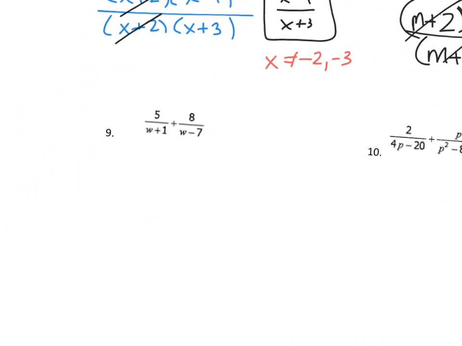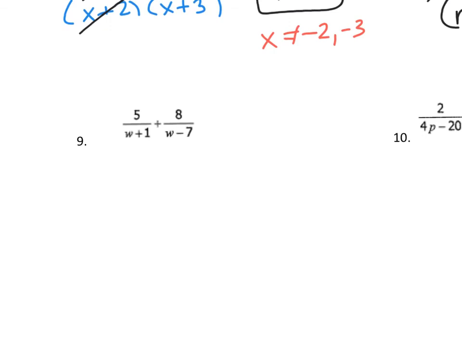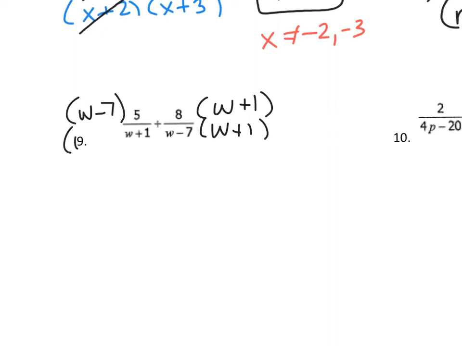Okay, let's look at number 9. Okay, number 9, everything's factored in your denominator. So in this case, you're going to have to multiply the right-hand side by w plus 1, and then the left-hand side by w minus 7. Okay, so then simplifying the numerator, I have 5w and 8w.